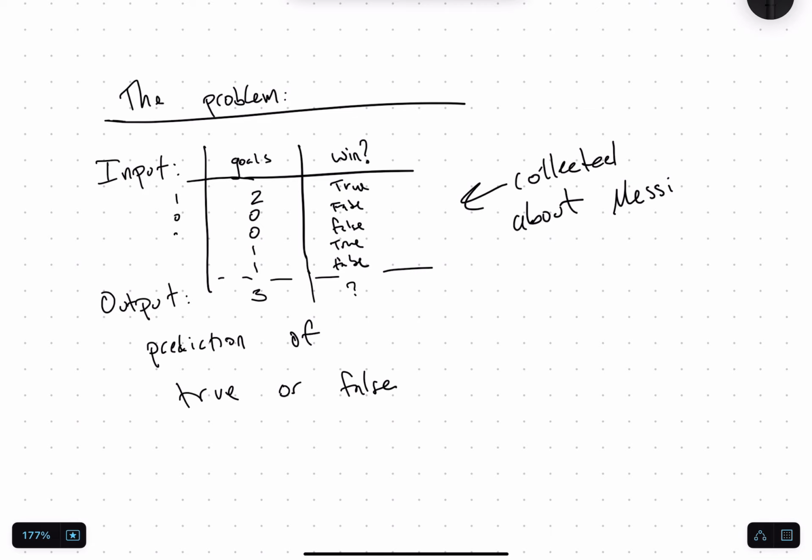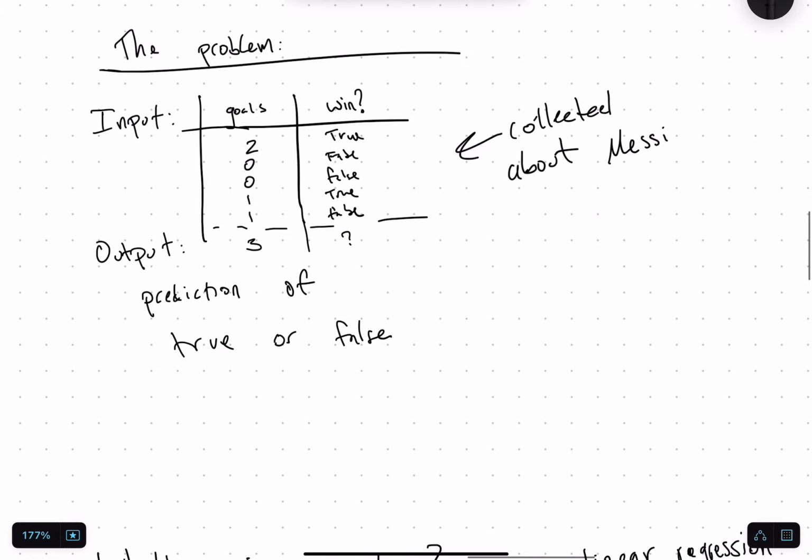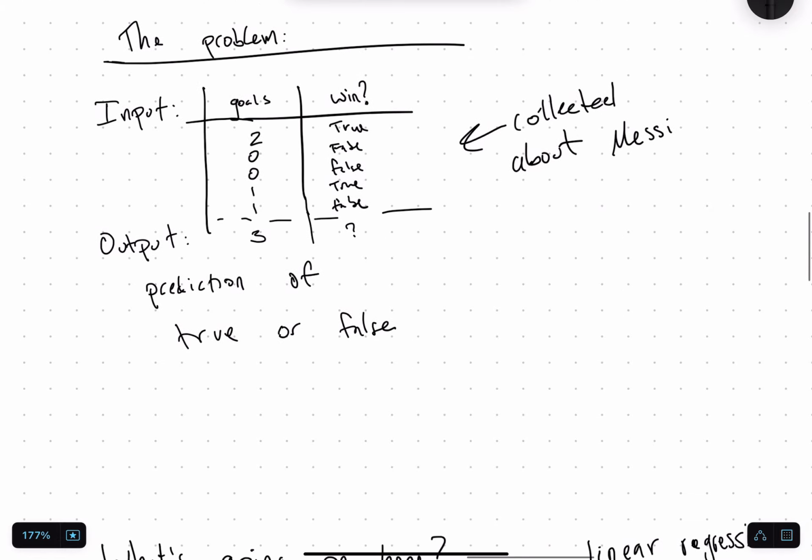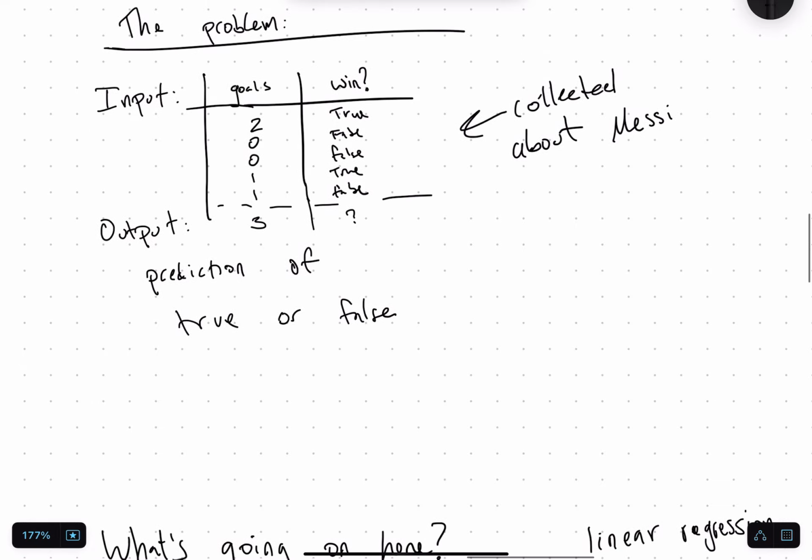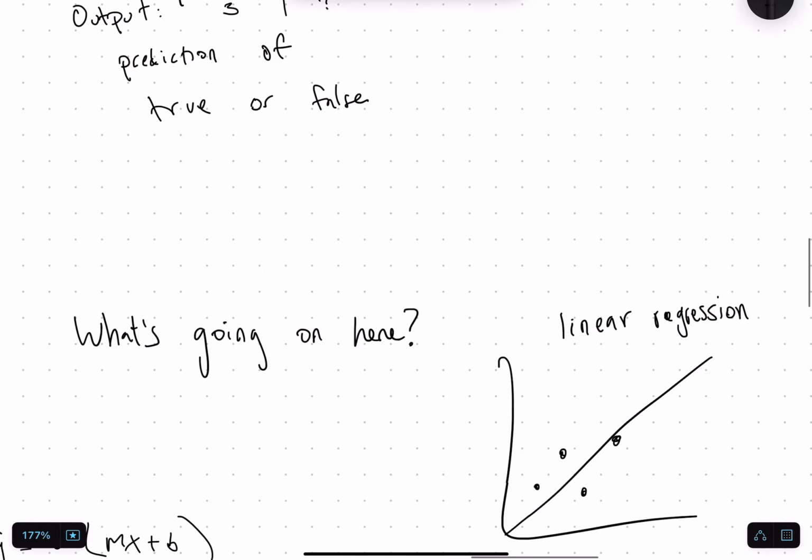And then that would maybe make our predictions better. But that is basically the input. The input is some data, some labeled data with the actual outcome. And then we're going to be able to make predictions if we input the goals scored. Okay, awesome.